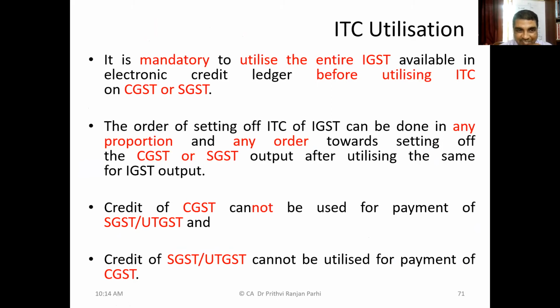So the ITC of IGST can be set off in any proportion and in any order towards CGST and SGST output after utilizing it for IGST output. Once IGST output is utilized, you can do it in any order, but your intention should be to adjust IGST ITC first. Did you understand now?